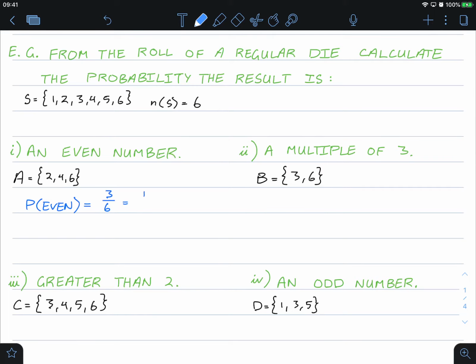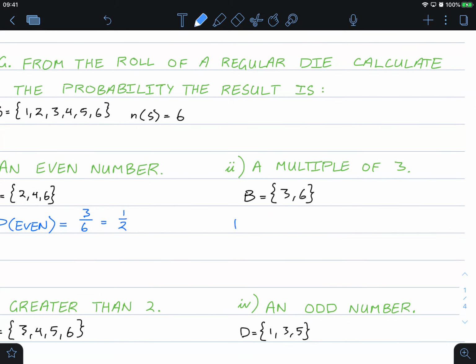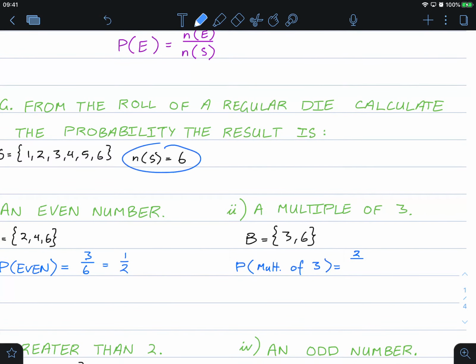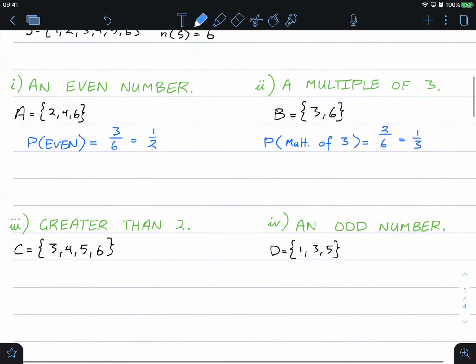You can simplify it to a half. The probability of multiples of 3: there are 2 outcomes in that event divided by the total outcomes, which is 6. So 2 out of 6, which simplifies to 1 out of 3.